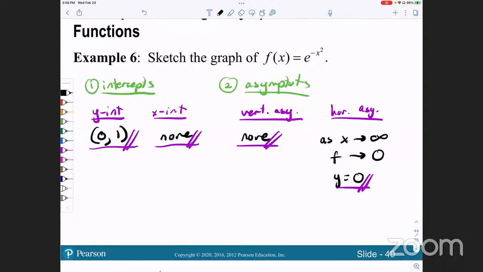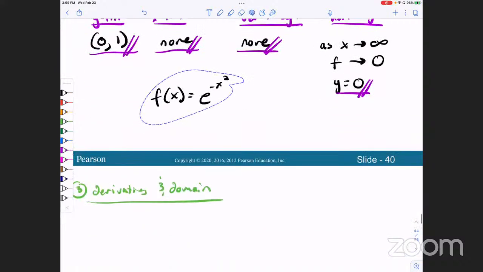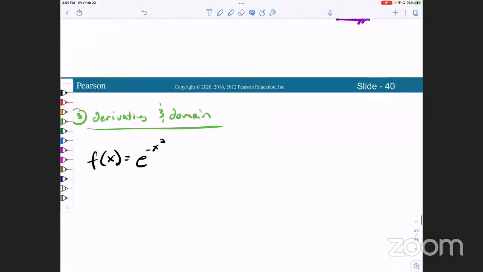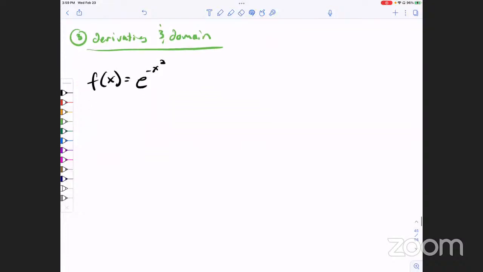So here, f of x is e to the negative x squared. Okay, let's just take that guy. Let's go ahead and find f prime. Okay, f prime of x. So the derivative of e to a power is itself, so it's going to be e to the negative x squared times the derivative of the exponent.